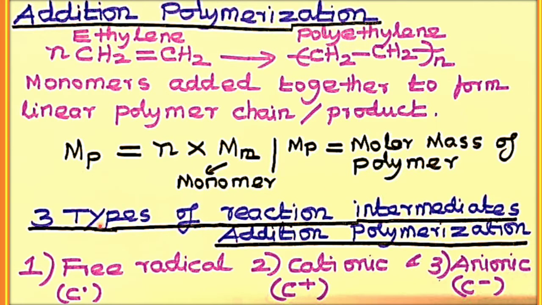So, based on the reaction intermediates, the three types are free radical addition polymerization reaction and ionic addition polymerization reaction. Under ionic, there are two types, cationic addition polymerization and anionic addition polymerization reactions.